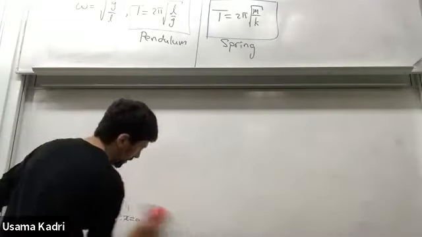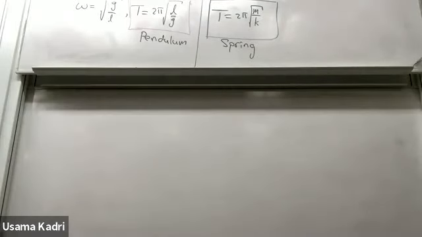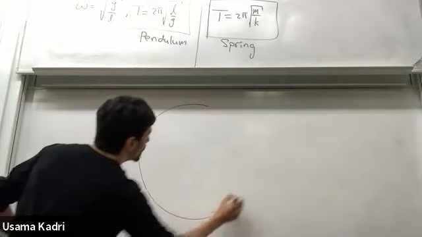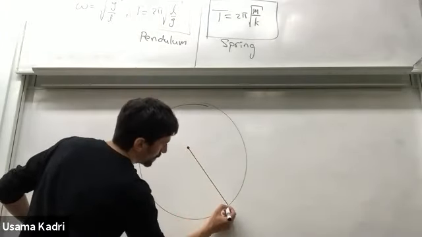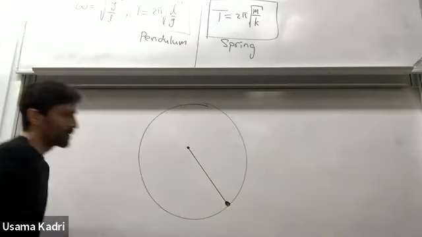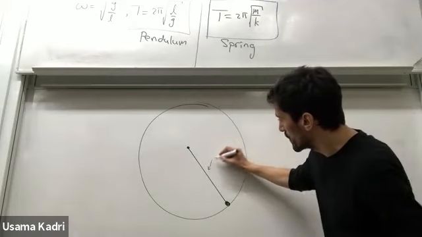Imagine a pendulum now. This is the pendulum. But this pendulum is made of a rigid arm. Okay, so this is rigid.